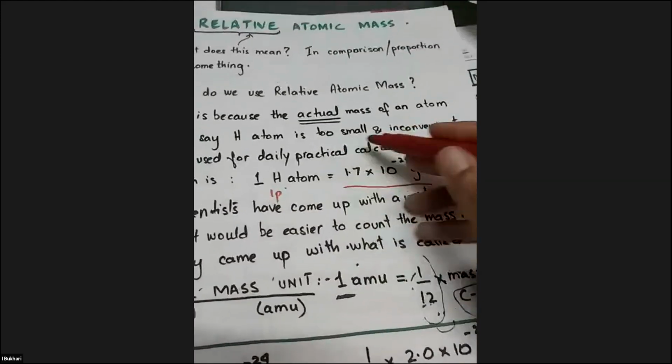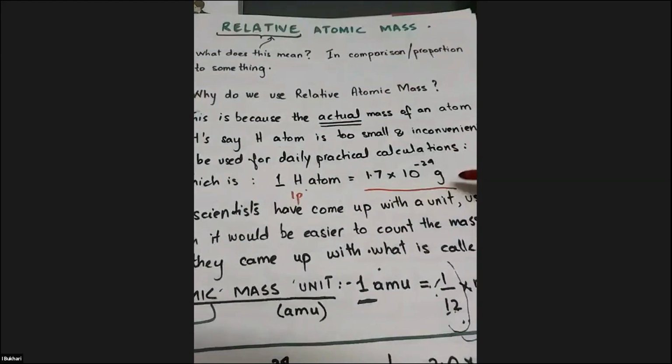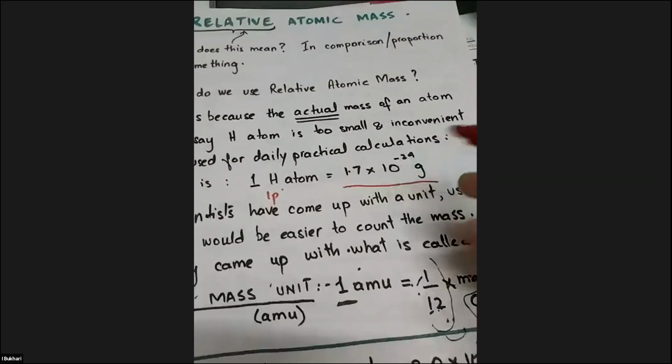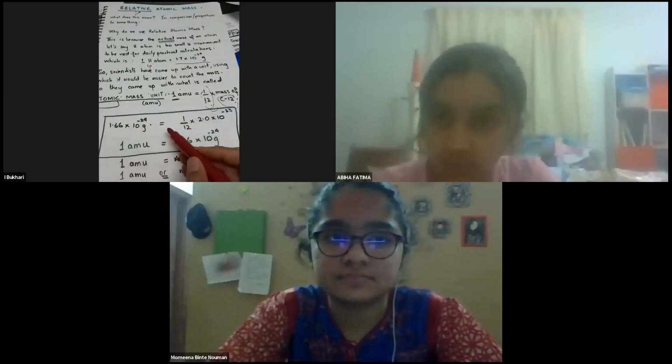Practically speaking, doing all those calculations, life would have been a havoc if we had to deal with such a number. So scientists came up with an easier unit where they equalized this whole thing to just 1. So this whole awkward number is equal to 1 atomic mass unit.